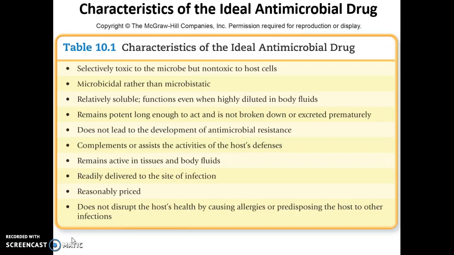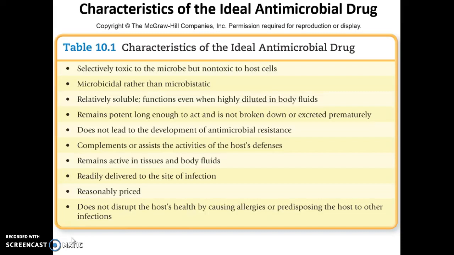Two terms that we looked at in Chapter 9 were microbicidal and microbistatic, and we would prefer to have the drug be microbicidal, that it would kill the organism rather than just simply stop it. Now, if your immune system was fully functional, that might be all right, because if the drug kept the microbe from replicating and just let it sit there, then our immune system could probably mount the proper attack and get rid of it.